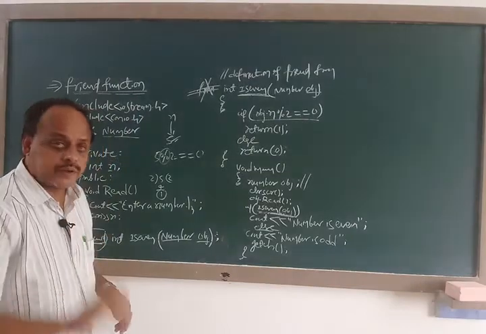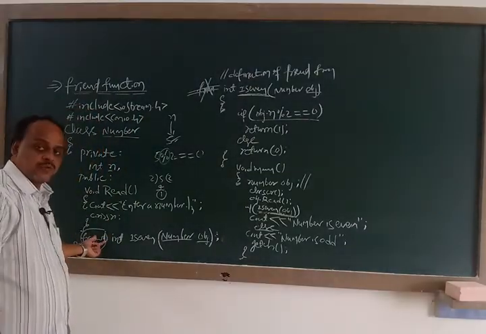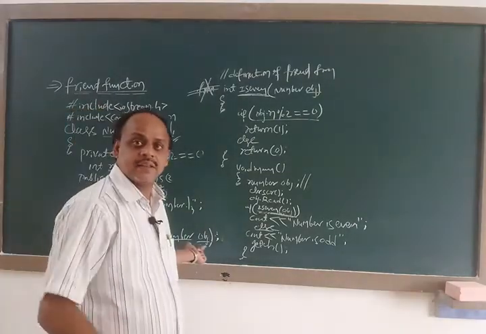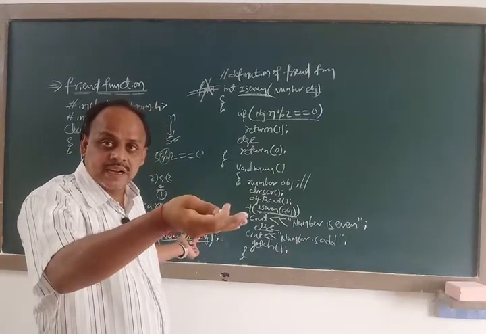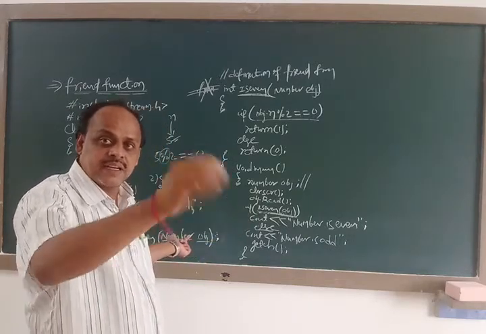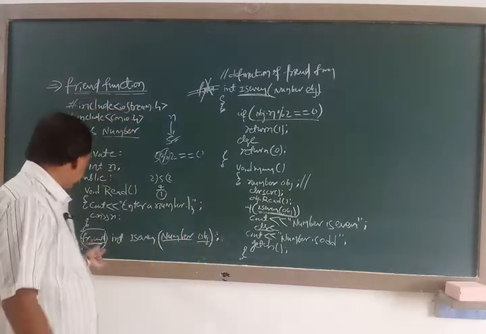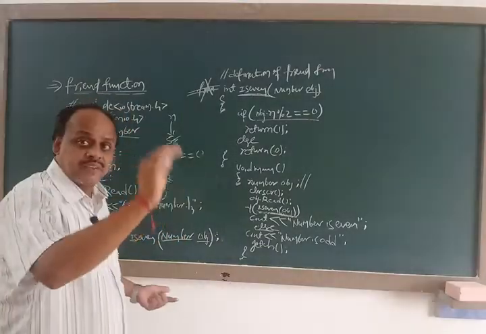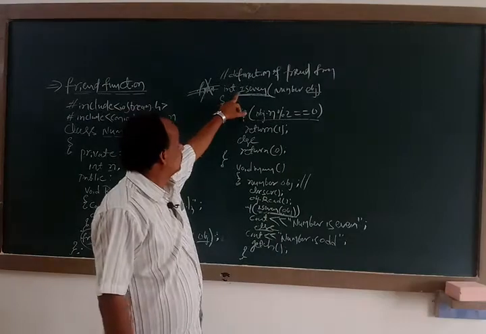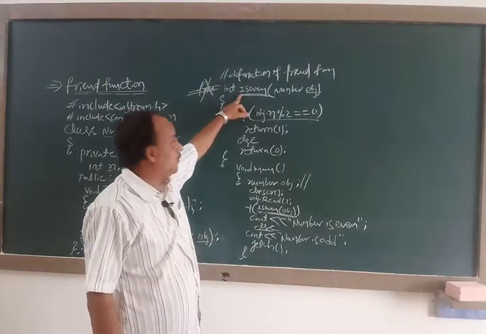Whenever you declare a friend function, you have to write the keyword friend. Friend function declaration is preceded with the keyword friend, but the friend function definition does not have the keyword friend.